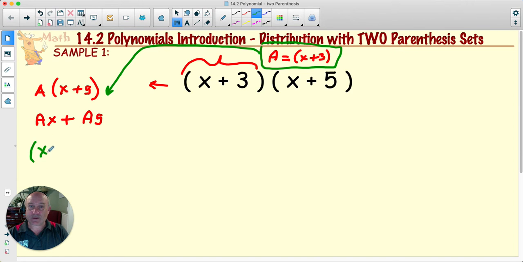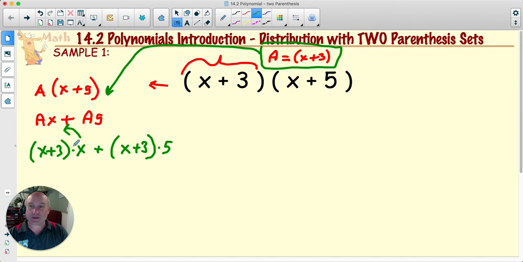And so now we just plug it in. So I have x plus 3, all that times x, plus, once again we do the same thing, x plus 3, this times 5. Okay, now we can go ahead and distribute both pairs.